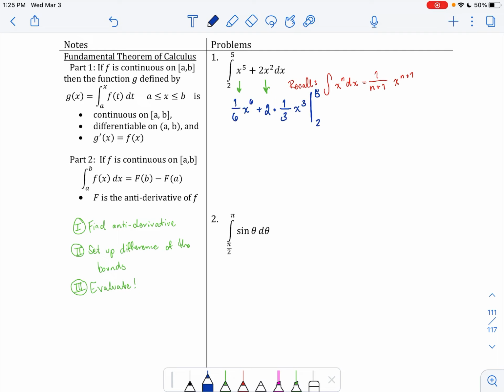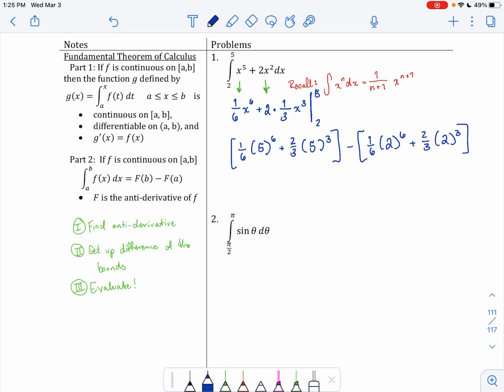So what we do is we just take that antiderivative and we plug in our bounds. So 1/6, 5 is our upper bound, plus, and I'm going to simplify 2 times the third, 2/3, 5 to the third. So that here is our big F of b. So we're setting up a difference of the bounds with 5 as our upper bound. Minus, same function, but just with our lower bound of 2 plugged in. So 2/3, 2 to the third.